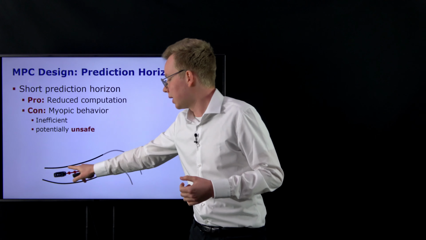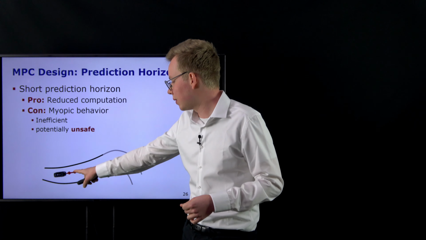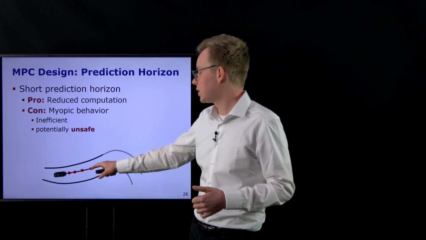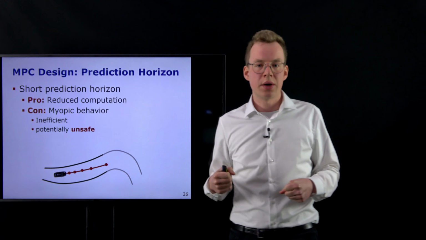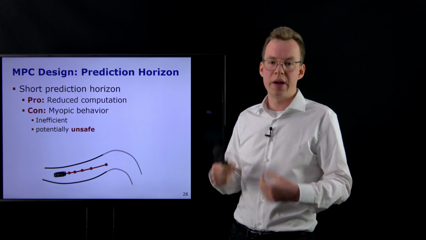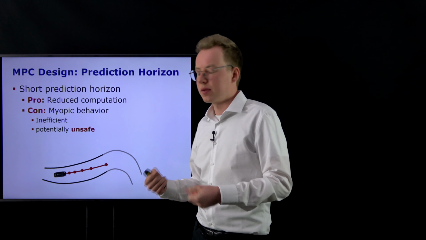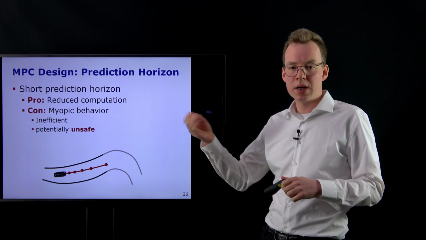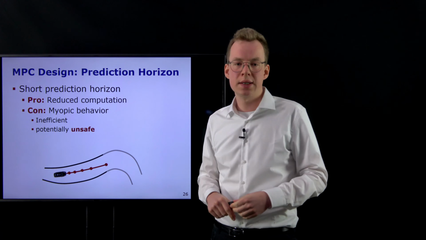So imagine in this scenario where this car is placed down here on the left and we only consider the next 5 time steps. It may be inefficient because here we decide to accelerate and then we have to brake a lot in order to make the turn, and so we're wasting our control authority to correct the mistakes that we made earlier due to this short-sightedness.